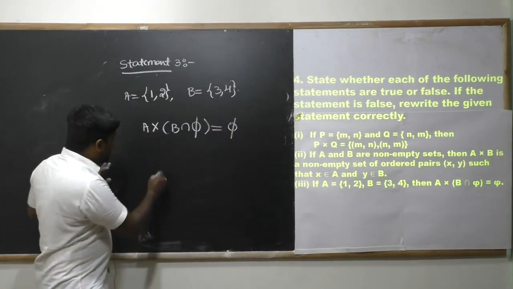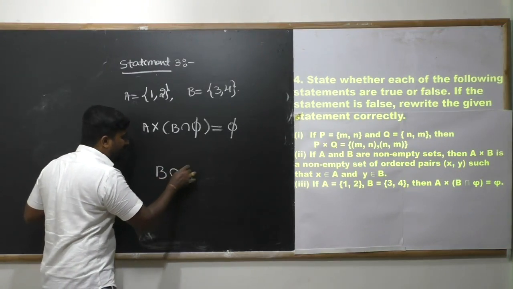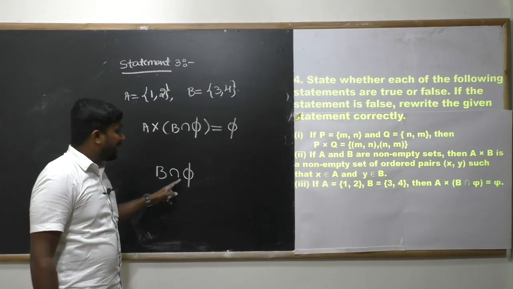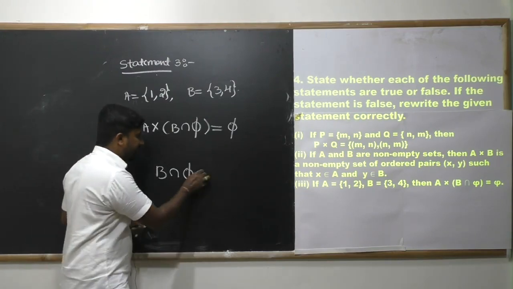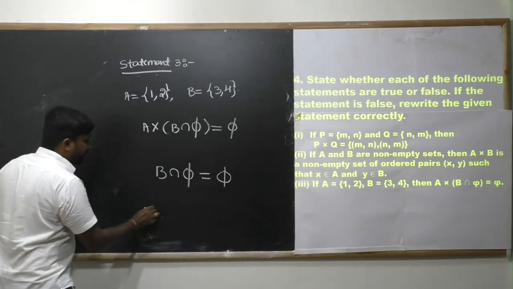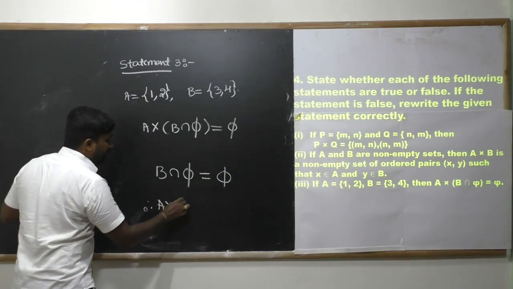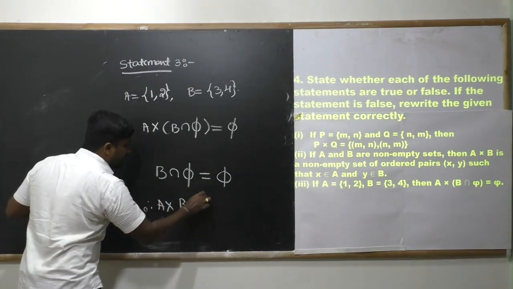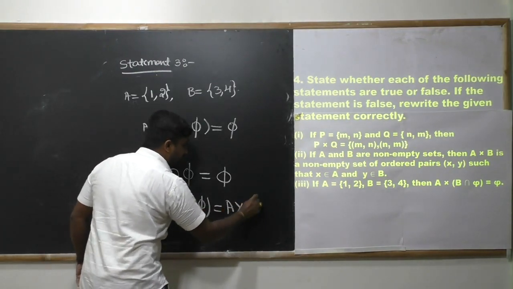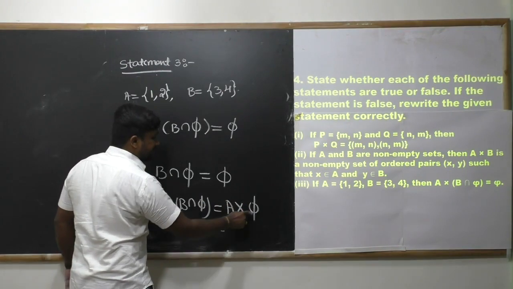Dear students, tell me what is the intersection of set B and null set? It is null set. Therefore, A cross of (B intersection null set) is equal to A cross null set. What is A cross null set?